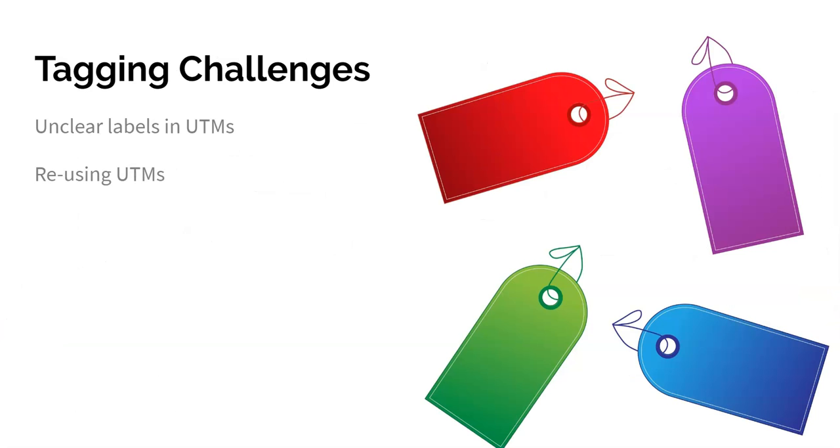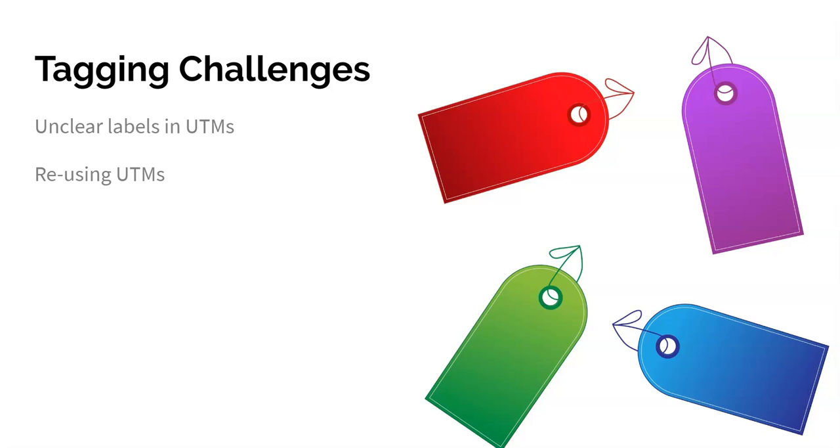And then finally, another user error that I often see is simply tagging challenges. So for instance, when you are doing analytics, you often need to tag web addresses with UTMs. And these are additional tags that you add to the end of a URL that will feed information into your analytics.